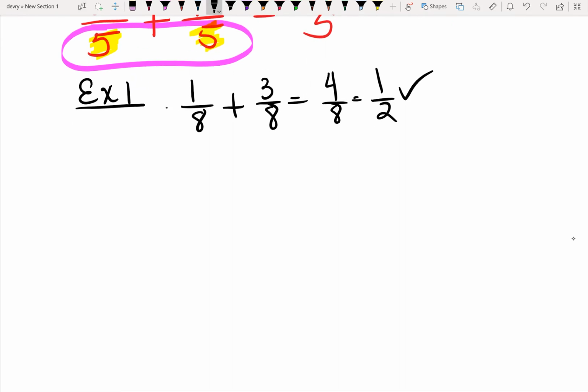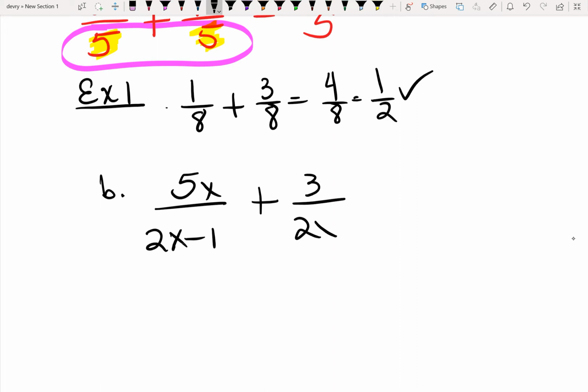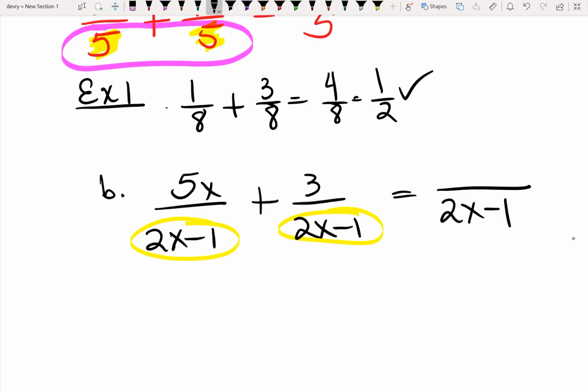In example B of this section, they have 5x over 2x minus 1 added to 3 over 2x minus 1. Once again, I have a common denominator, so I just focus on adding the numerator. In that case, this is simply 5x plus 3, and there's nothing else you can do.